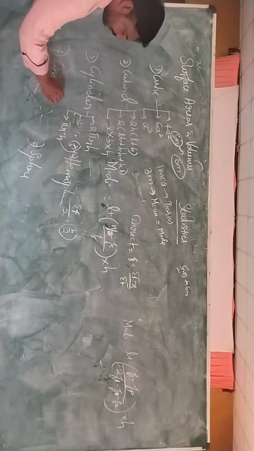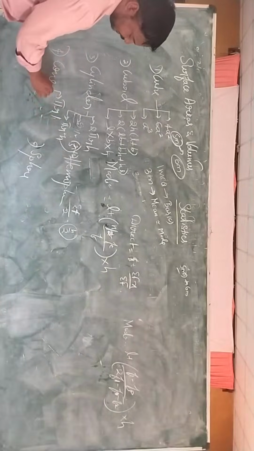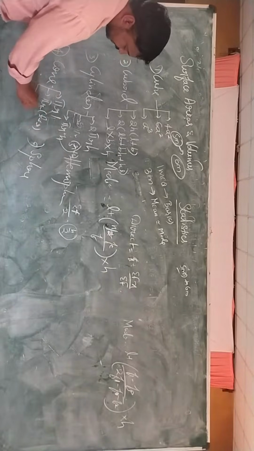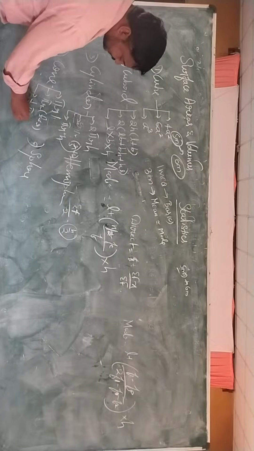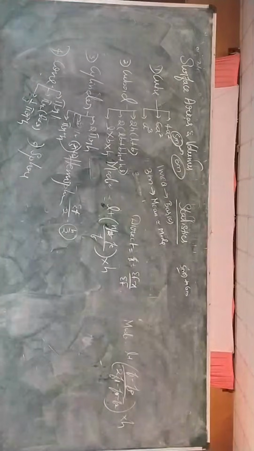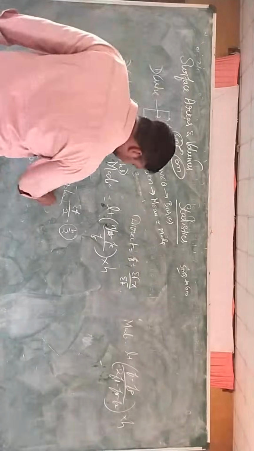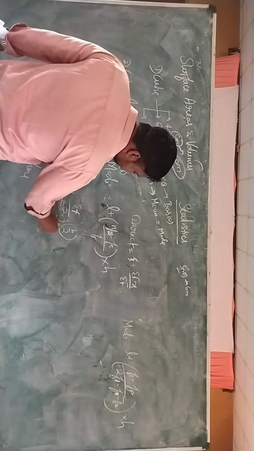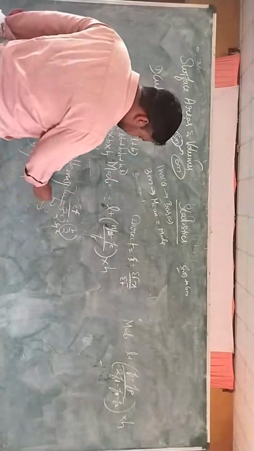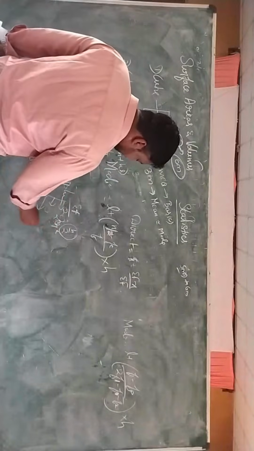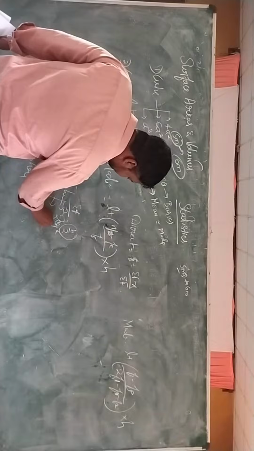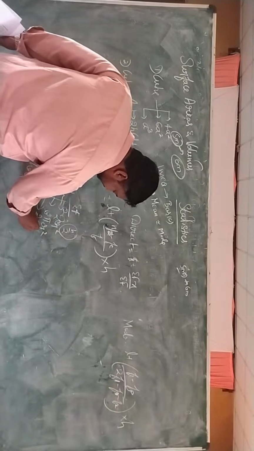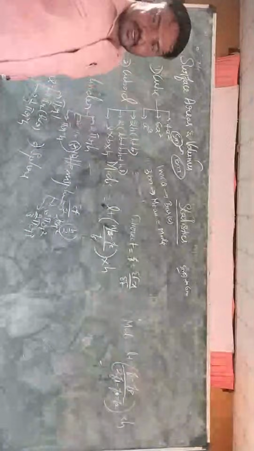Similarly cone, CSA pi r l, total surface area pi r into (l plus r), volume 1 upon 3 pi r square h. And next hemisphere, also CSA and TSA: CSA 2 pi r square, TSA 3 pi r square, volume 2 upon 3 pi r cube.